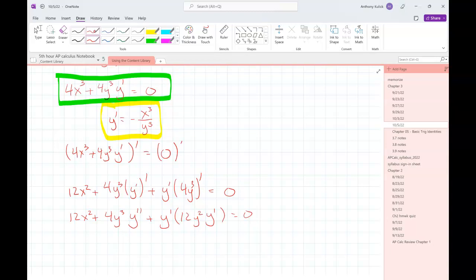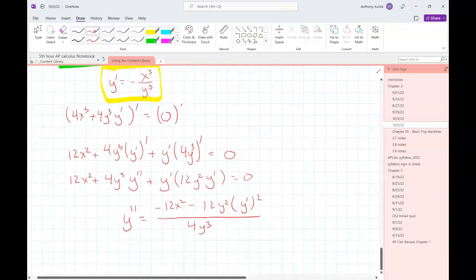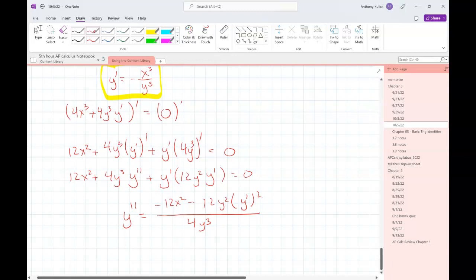Okay. So, all I'm going to do now is get the y prime by itself. So I would have subtracted the 12x squared over and subtracted the y prime. Let's do this right. 12y squared, y prime squared, and then divided by 4y cubed. And now I'm going to make my substitution here, because when we write our derivative, we shouldn't have another derivative inside that problem.